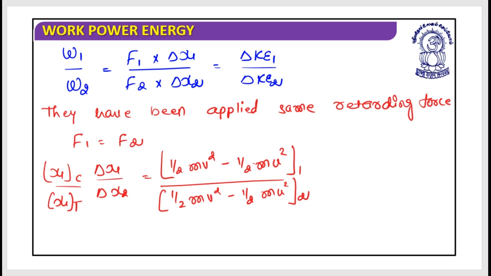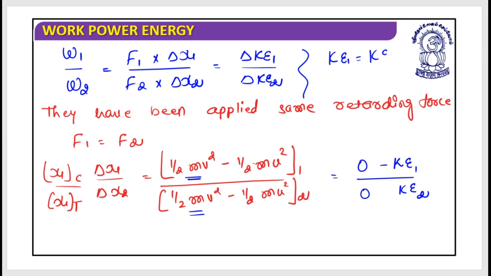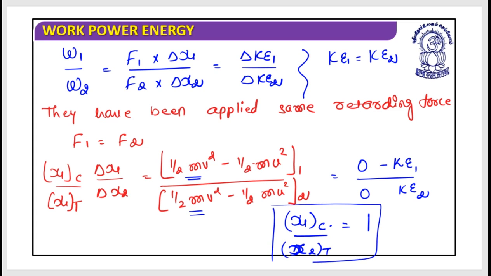Finally they came to rest, so their final energy would be 0 and their initial kinetic energy was the same. The kinetic energy of 1 and kinetic energy of 2 are equal, as mentioned in the data. So this is 1:1. The stopping distance of the car and the stopping distance of the truck are in the ratio 1:1.